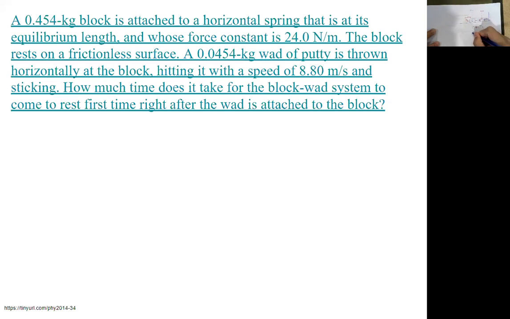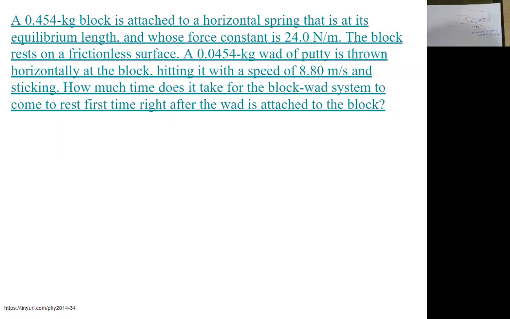So the knowns are capital M is 0.454 kilogram, small m is 0.0454 kilogram, V0 is 8.8 meters per second, and the spring constant is 24.0 newtons per meter.